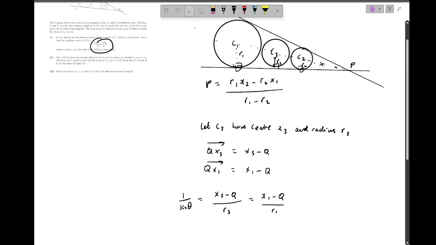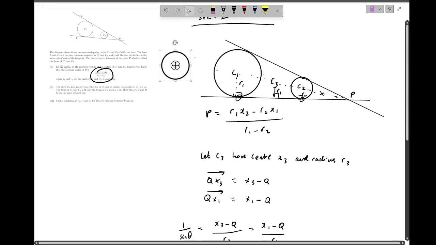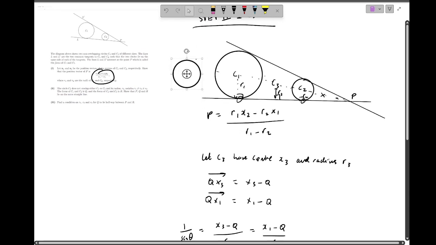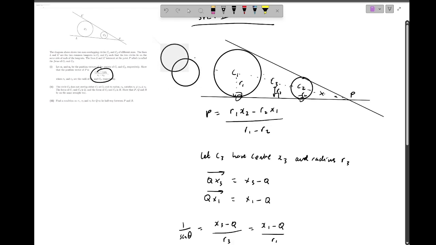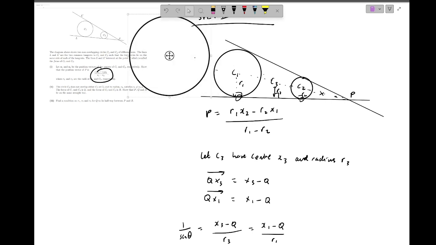Now, remember when I said that the position vector is independent of wherever you place it? Let's say we got this circle here, and we placed it all the way over here. This is really messy, I'm sorry.